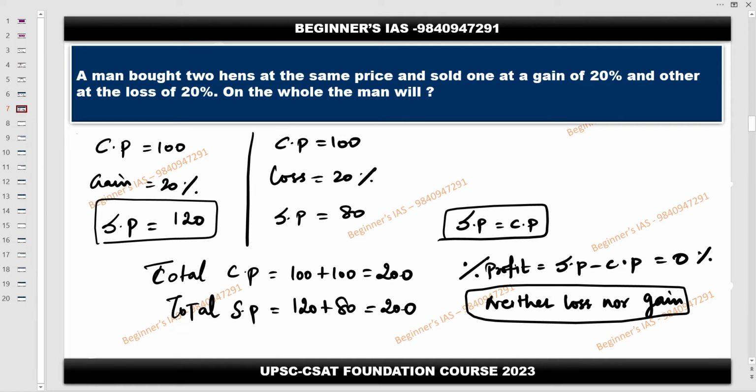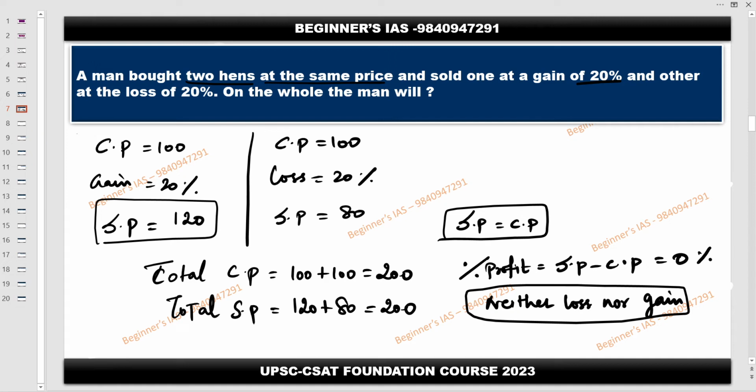A man bought two items at the same price. CP is the same here. That person is selling one at a gain of 20 percent and the other at a loss of 20 percent.